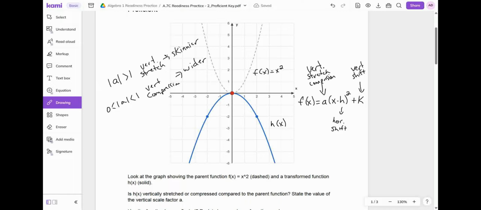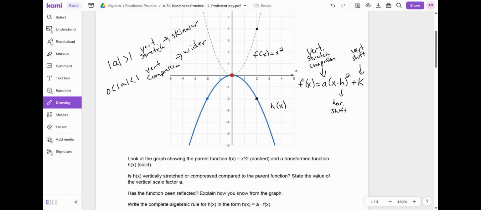And that h of x does look like it's wider, right? Because look, I've got this point right here, 2, -2, but up here, the x value of 2 goes to 4. Okay, so two things are happening. First, we're vertically compressing it because the h of x is wider than f of x. Okay, so we can say h of x is vertically compressed.